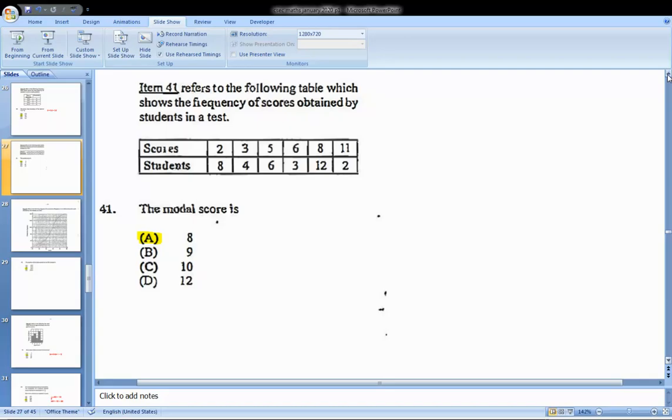Now it says the modal score is, now we know that the modal number is the number that occurs the most. When we look at our diagram, the number of students that occurs the most is 12. So therefore, the modal score would be 8. We take that from our given information. So A would be our answer.